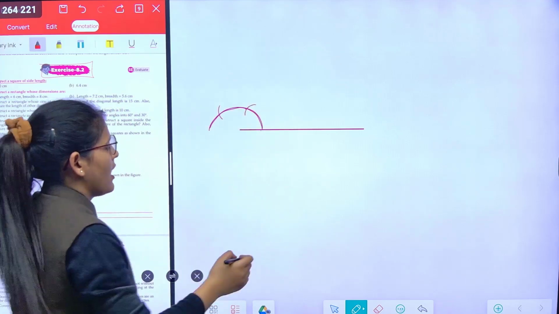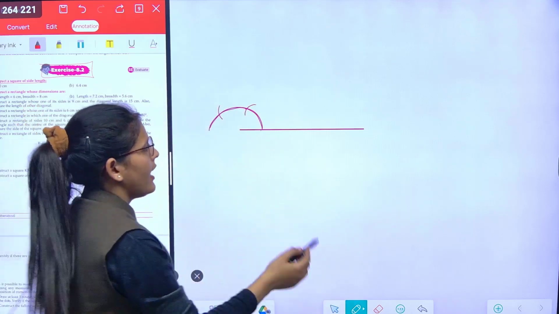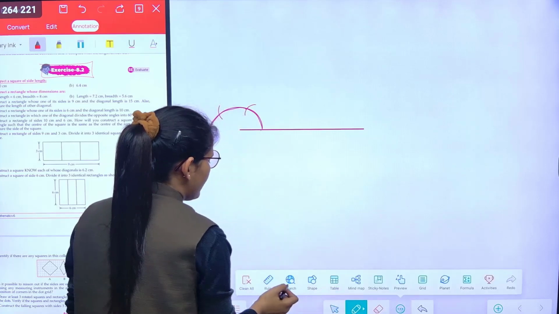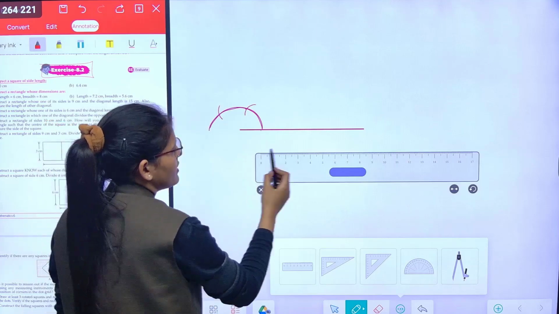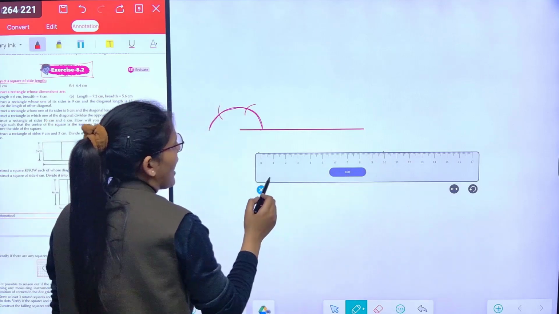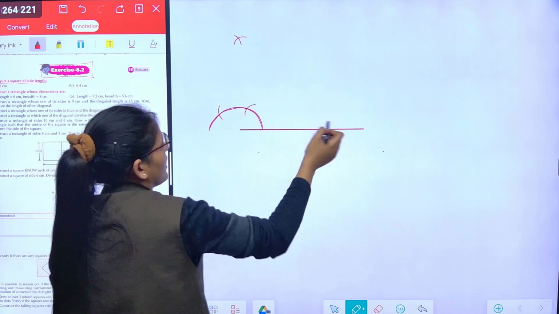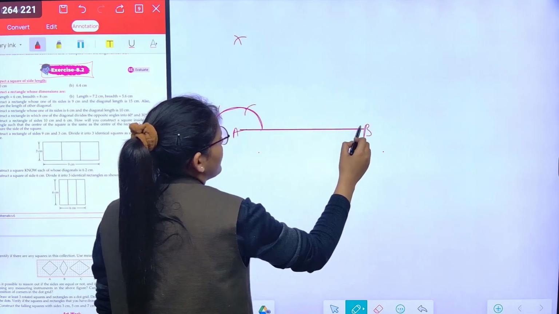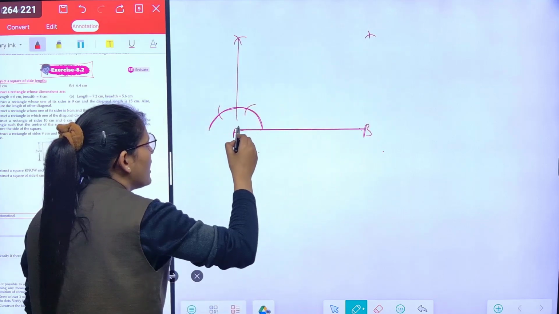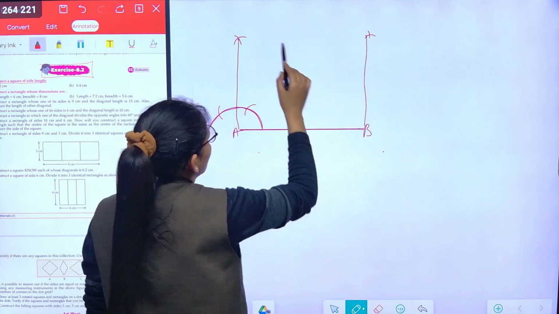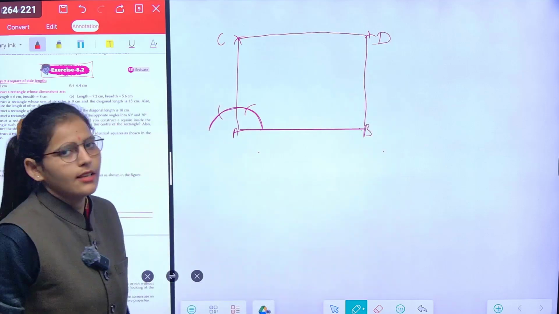Now class, again, take a compass and measure it with 10 centimeter. With 10 centimeter, okay class, and make an arc here with the help of this and here, A and B. Same procedure here and here. Now join the lines, you will get a square ABCD like this. Understand class?